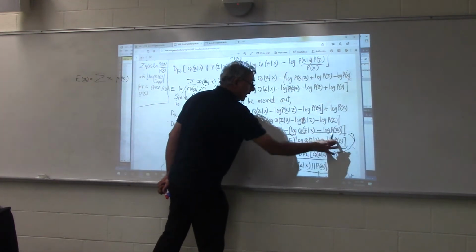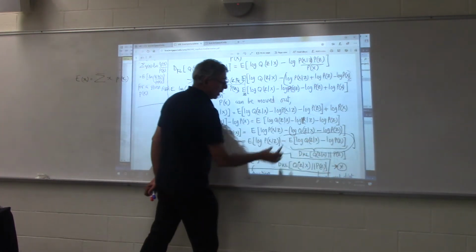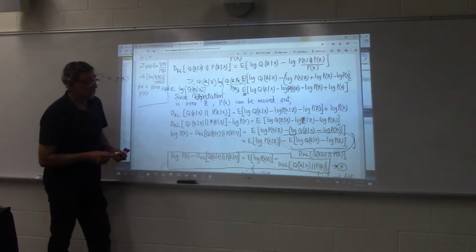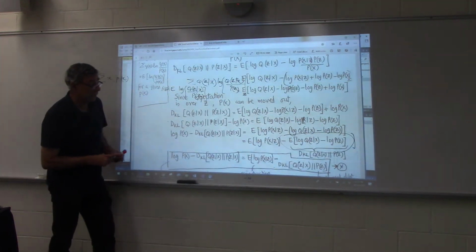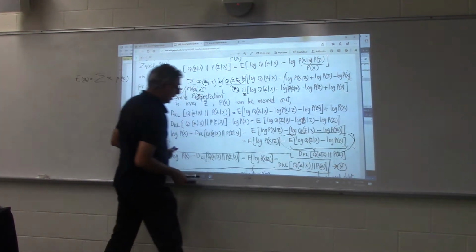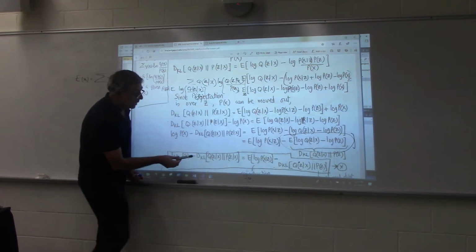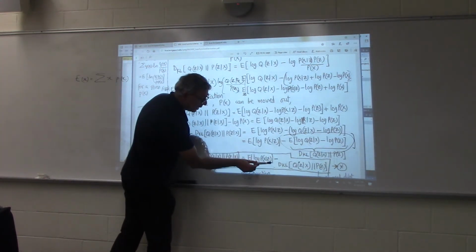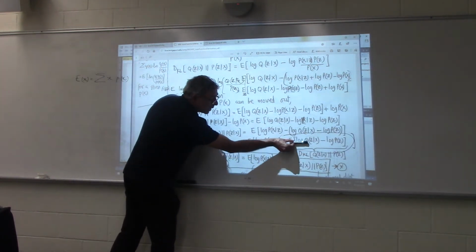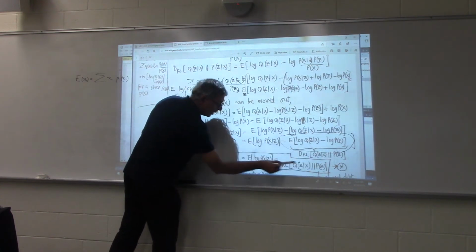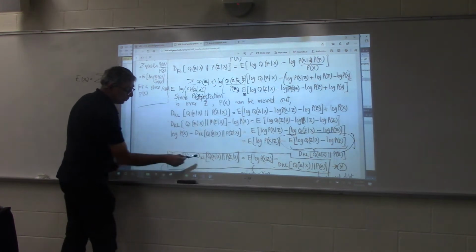So what I'm trying to say is this is nothing but the KL divergence of these two quantities. So in the next part over here, we basically replace this part by the KL divergence of these two. So this is a very important equation.